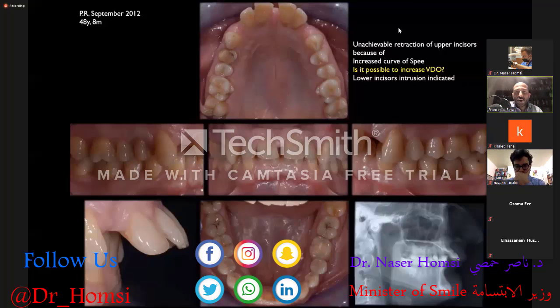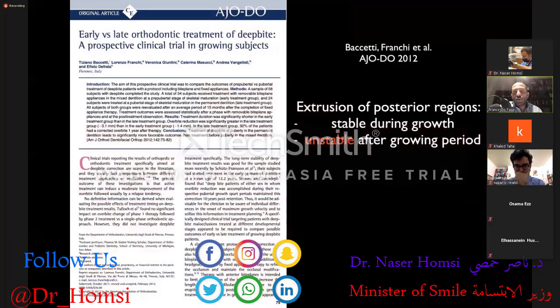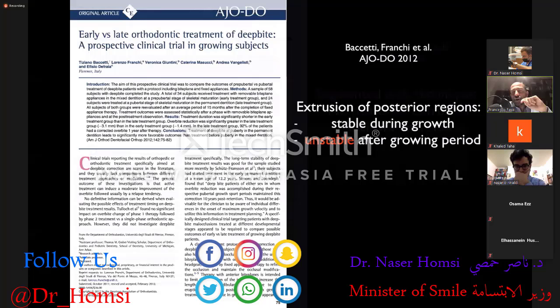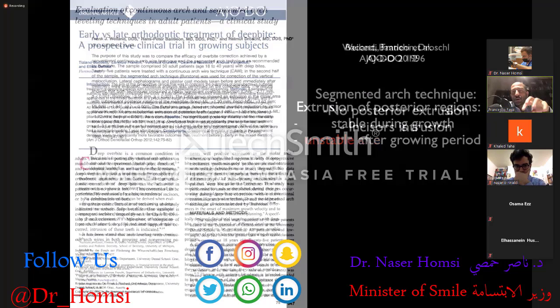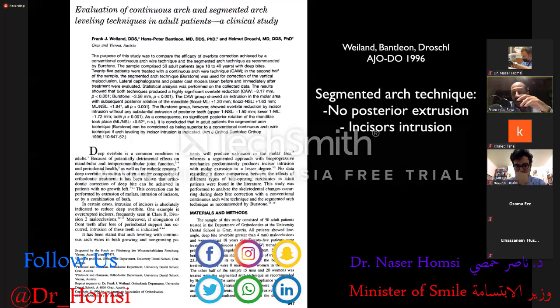We know from the literature that extrusion of posterior regions is for sure stable during growth, but unfortunately it's unstable after the growing period. And we know from the literature that the Segmentary Technique allows us to intrude lower and upper incisors with no or insignificant posterior extrusion.